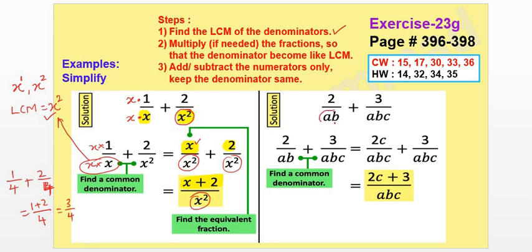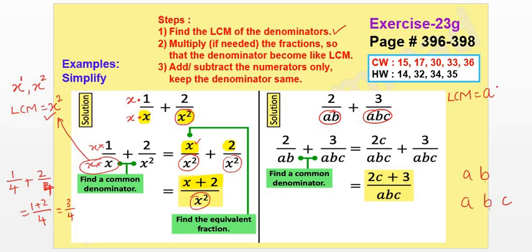Here the denominator is AB and here the denominator is ABC. If I want to find the LCM, I have to compare each letter with the other. A and A have the same power, so they become part of the LCM.